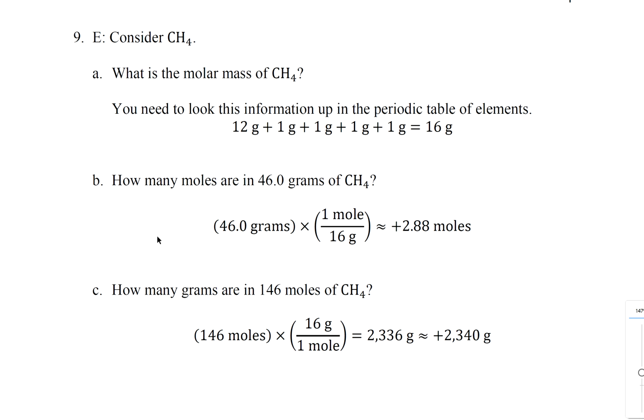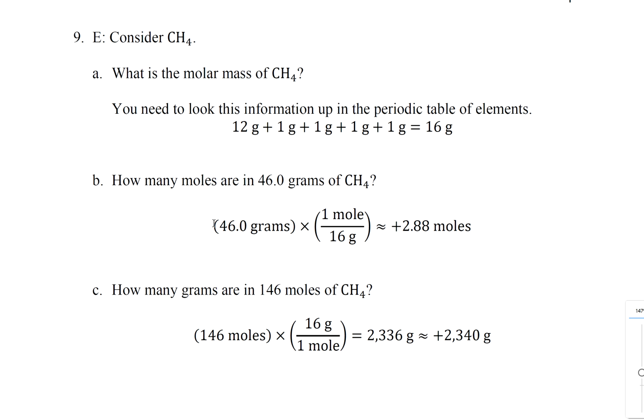Consider CH4. What is the molar mass of CH4? Once again, ask your chemistry teacher if you don't quite understand how I got this. Carbon has a mass of 12 grams, hydrogen 1 gram, and there's 4 hydrogens.